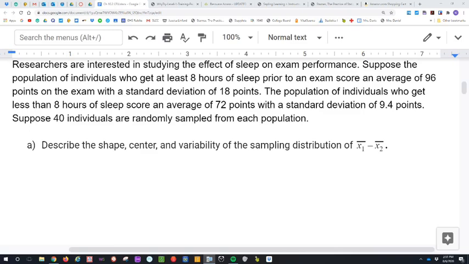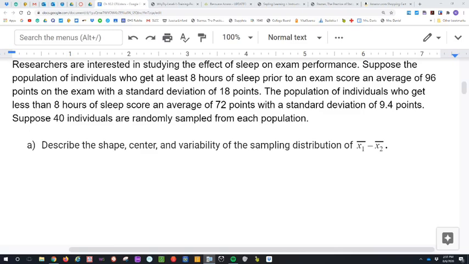So part A, describe the shape, the center, and variability of the sampling distribution of the difference of sample means, x1 bar minus x2 bar.